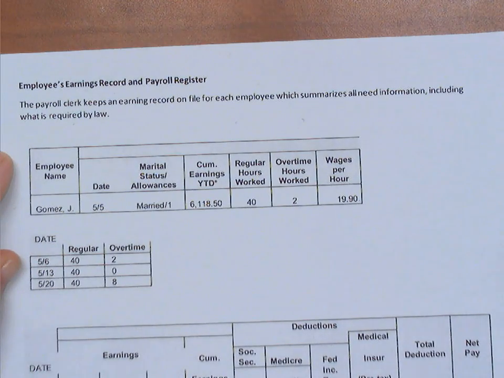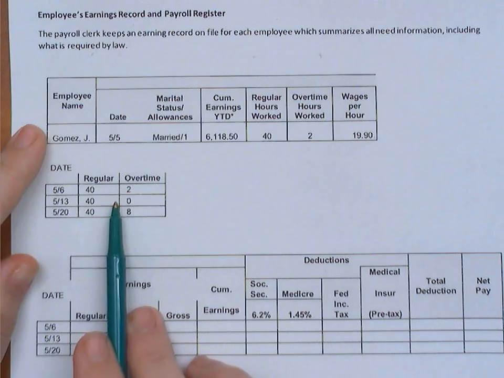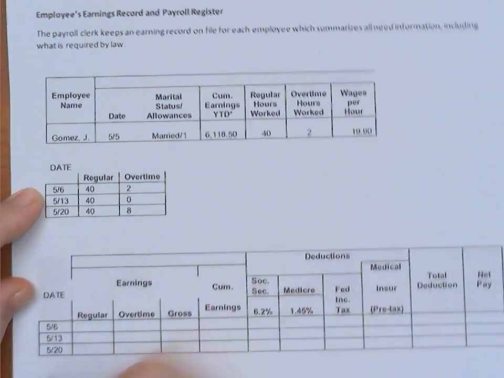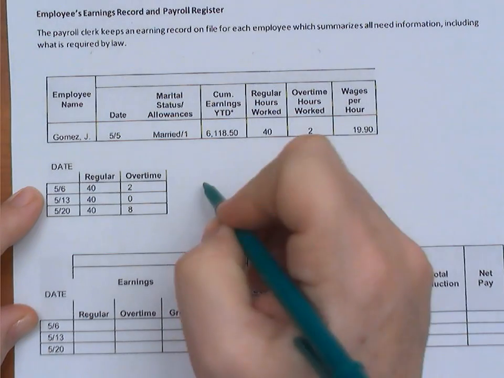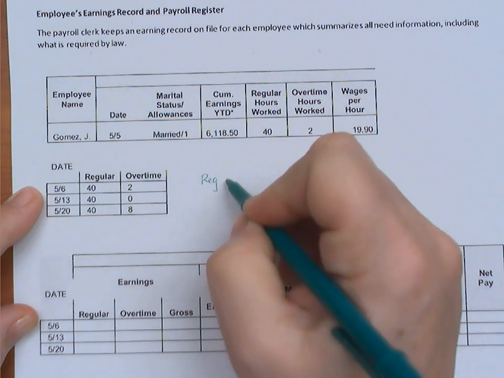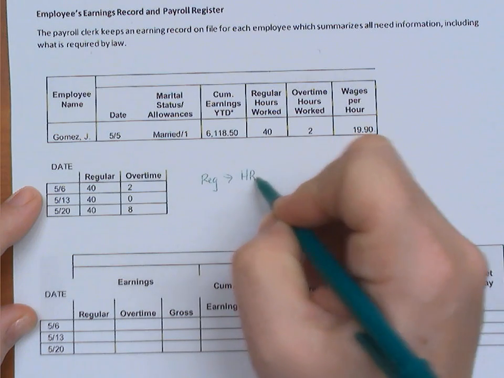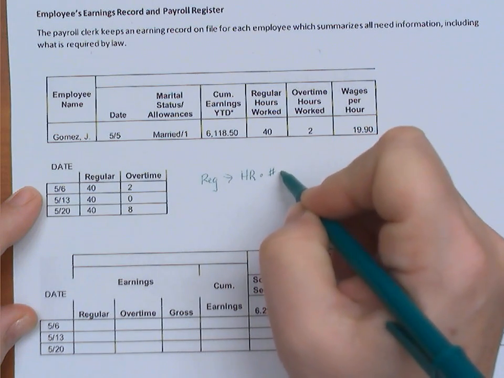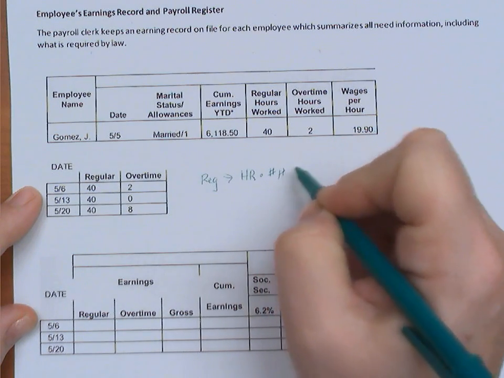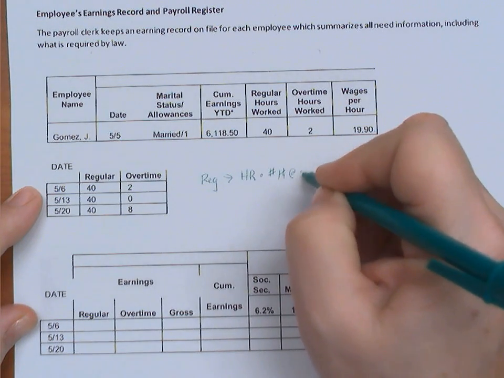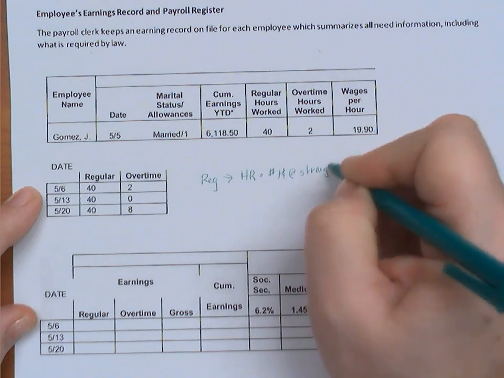Now we're going to look at 5.6. We look at his total regular wages. Remember, his regular wages are found by multiplying the hourly rate times the number of hours at regular pay, or at straight time, whichever way you want to think about it.